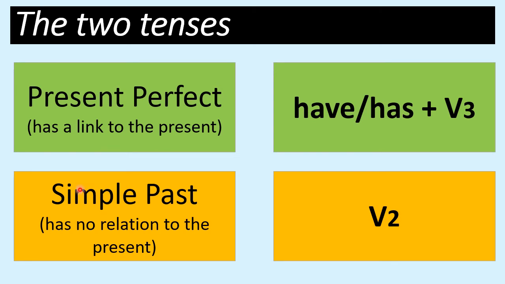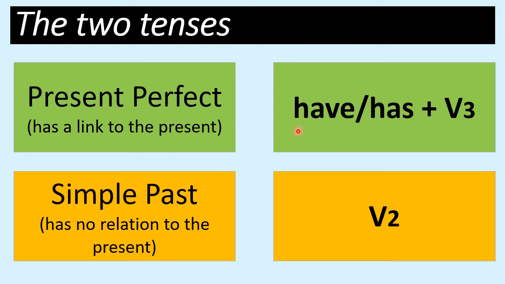Before going to the uses of present perfect tense, let me clear one thing: present perfect and past simple, or simple past. We have to remember that present perfect always has a link to the present, and simple past has no relation or no link to the present.